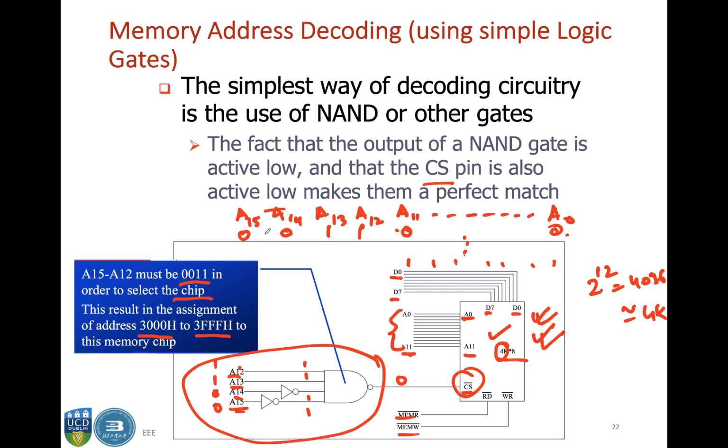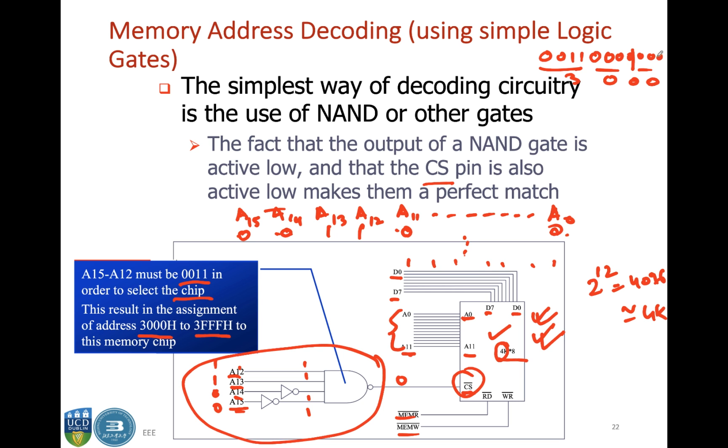So if you write 0011 and then all zeros, this part is 3, and the remainder is 0000.